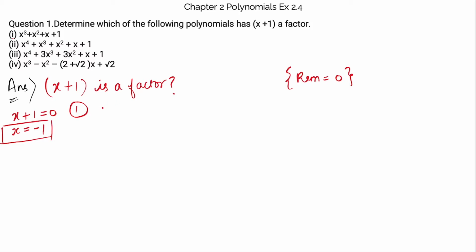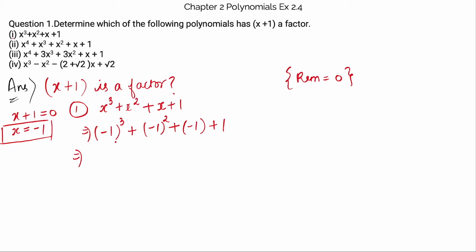So let us start with part 1, where we have x cube plus x square plus x plus 1. Put x equals to minus 1: minus 1 cube plus minus 1 square plus minus 1 plus 1. Here minus 1 cube is minus 1. Minus 1 square will give us plus 1.